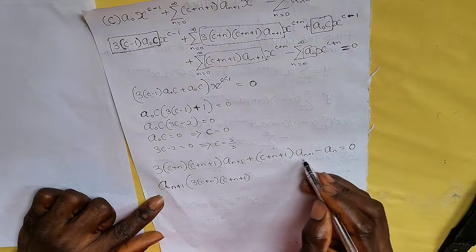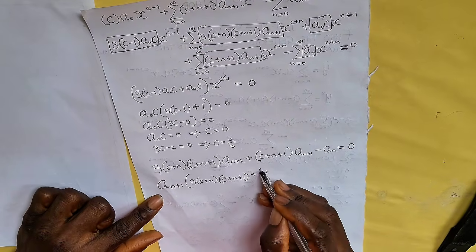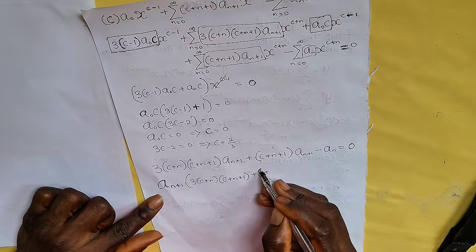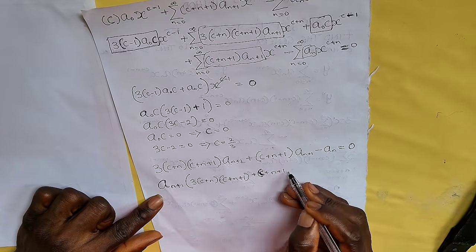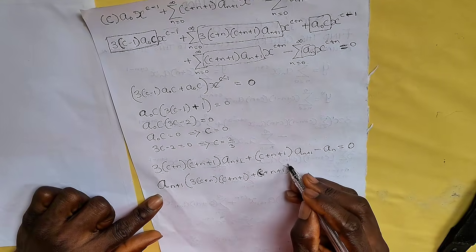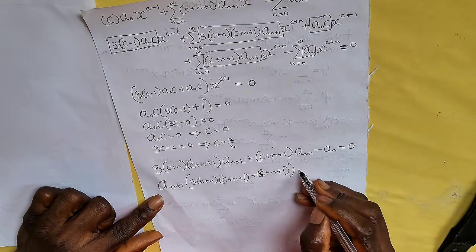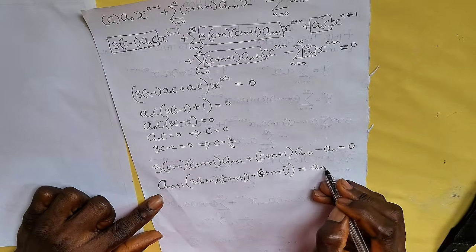When I do that for the other part, I'm going to have c plus, sorry, that's a bracket, and then c plus n plus 1. So I'll factorize this out, which is outside, and close the main bracket. Then I'm going to take minus a n to the other side, which is a n.